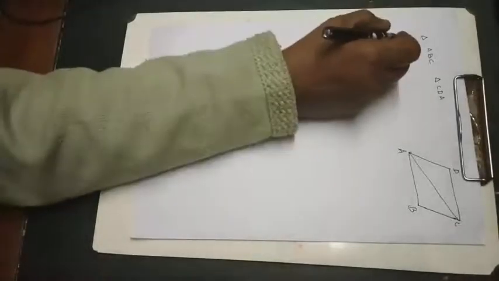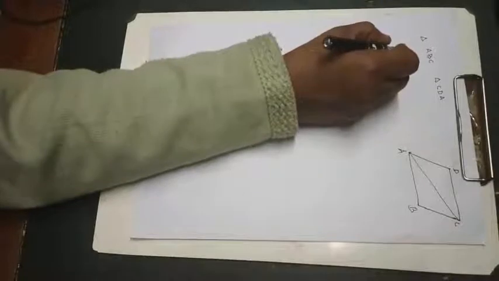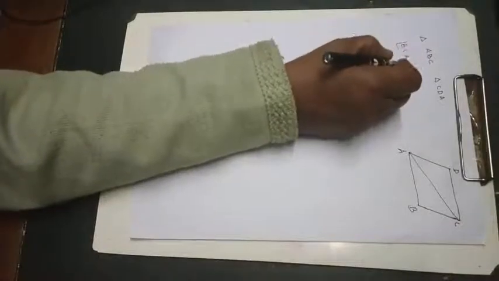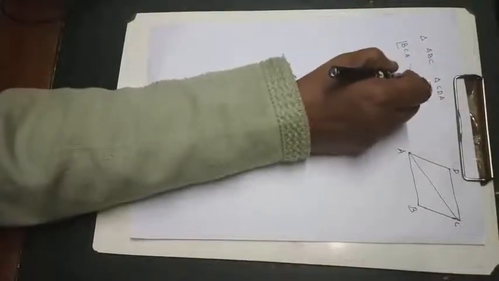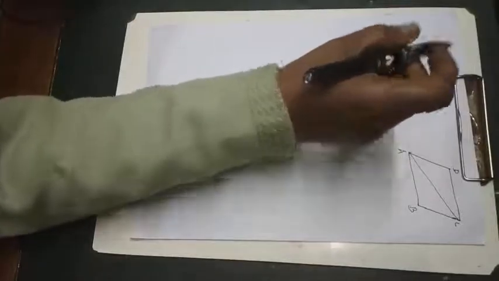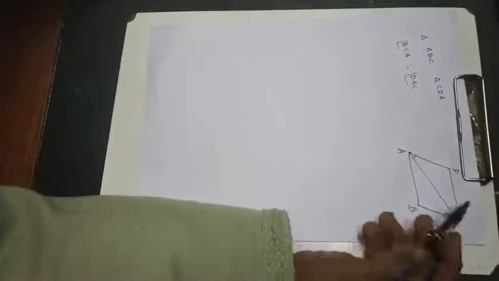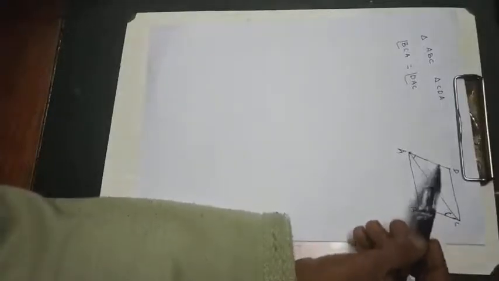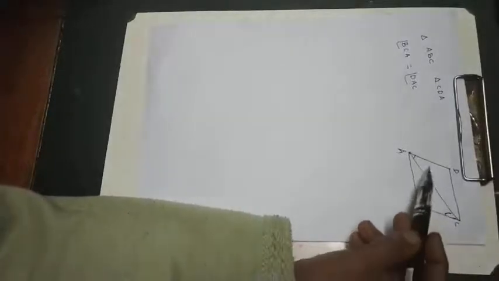BCA and DAC. Which angles are they? BCA, this angle, and DAC, this one, are alternate angles. How?